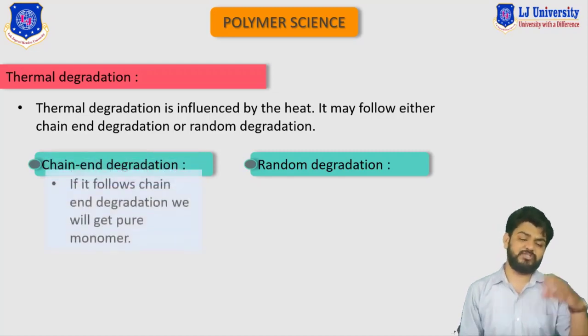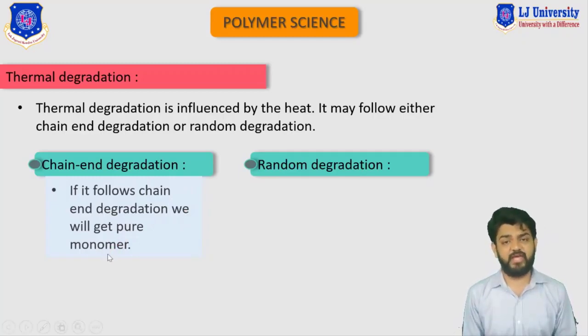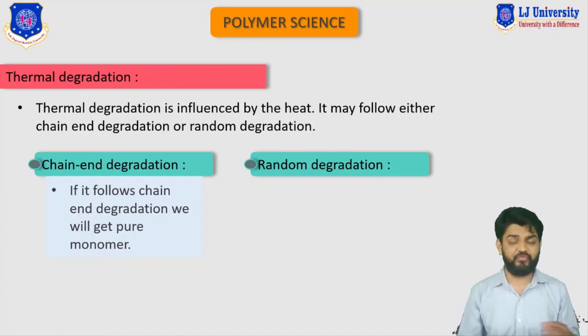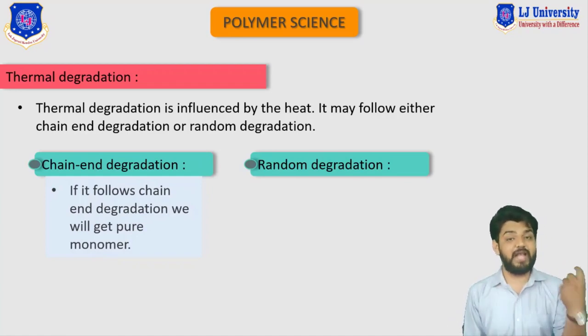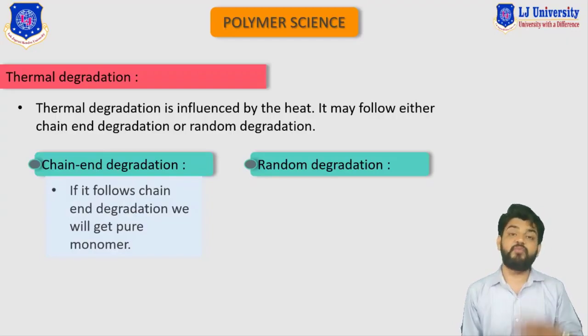In the case of the chain degradation process, you can see that if it follows chain end degradation, we will get pure monomer. On the application of heat, the long chain of the polymer will start to degrade from the last monomer, and it will ultimately produce its pure form of the monomer.